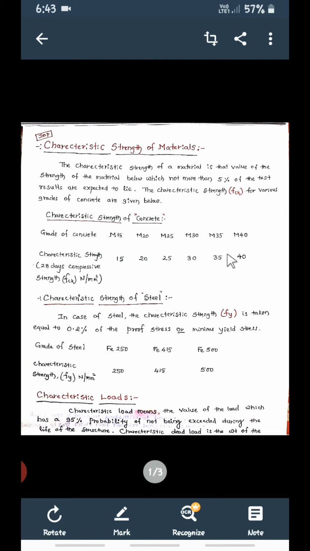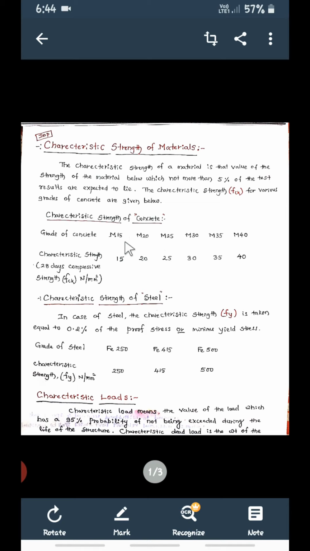Now remember, for plain concrete, without reinforcement, we can use M5 grade, M7.5 grade, M10 grade, M15 grade. So up to M15 grade concrete we can use for plain concrete, PCC.